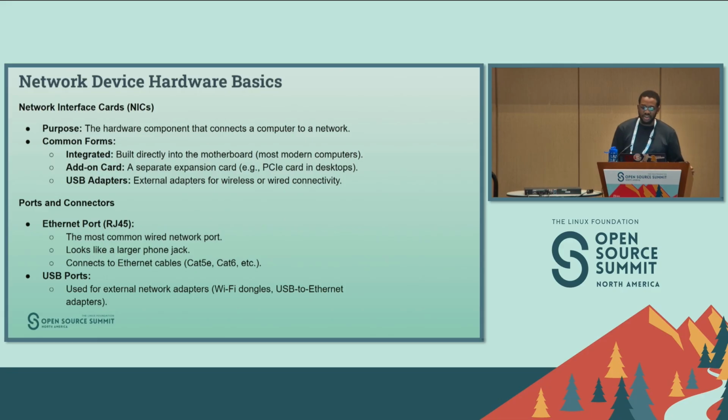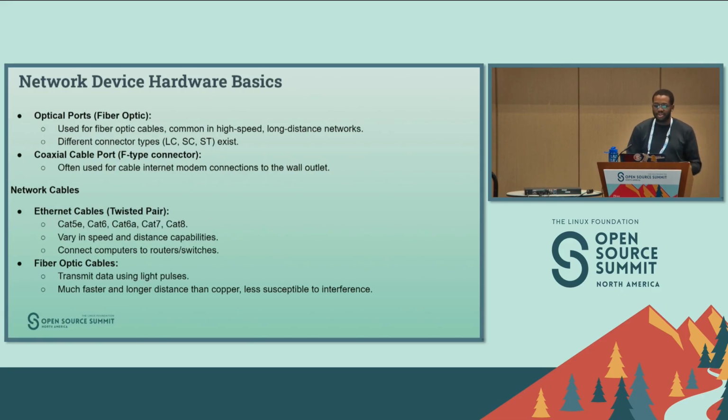There are different ports: RJ45 ports, USB ports, or fiber optical ports. For high-speed data centers, it's mostly optical ports with fiber optic cables, which, unlike RJ45 and Ethernet cables that use copper, use light, which has much faster speeds for transferring data.